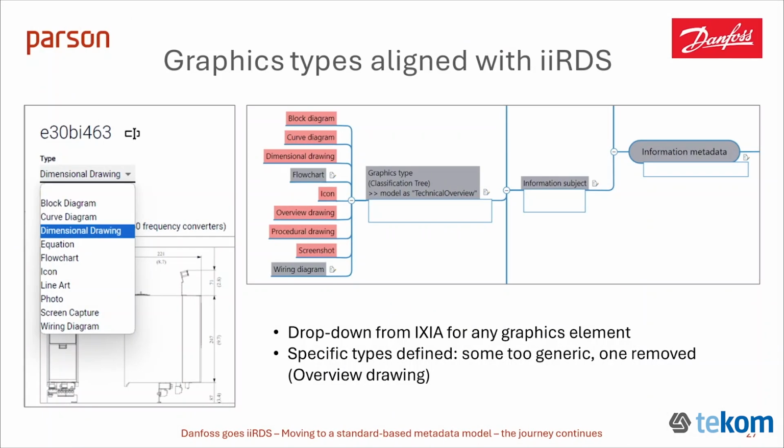And a third use of iiRDS-based metadata in the IXIA CCMS was that we aligned the graphic types that are already available inside IXIA CCMS with mappings to the iiRDS standard.